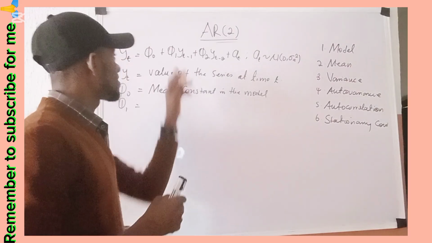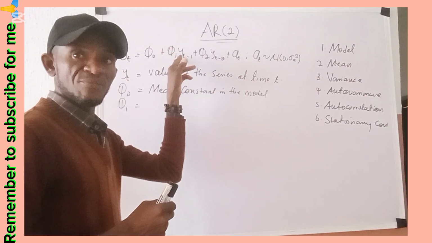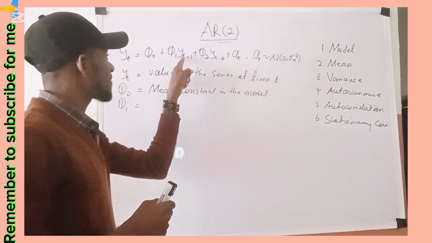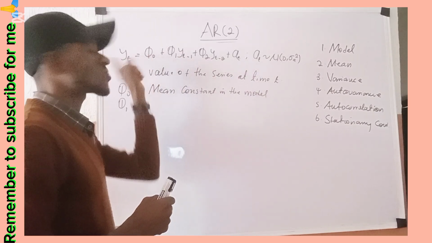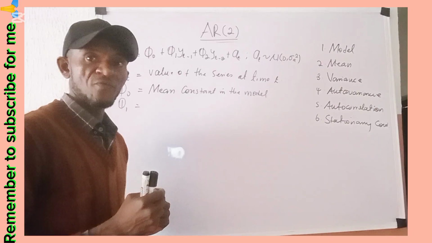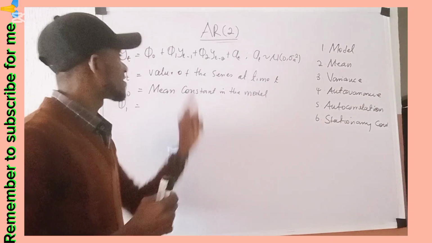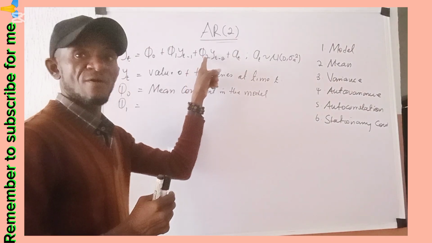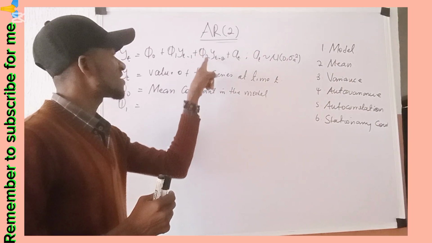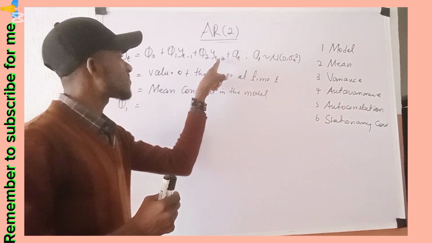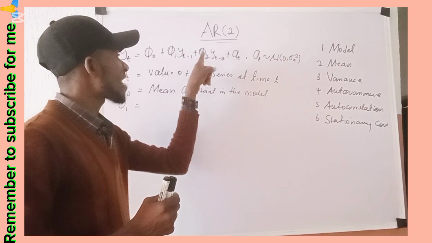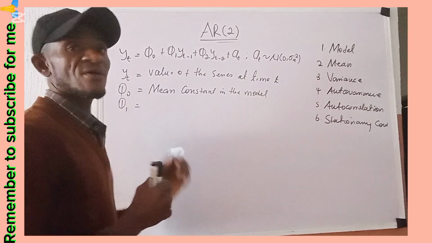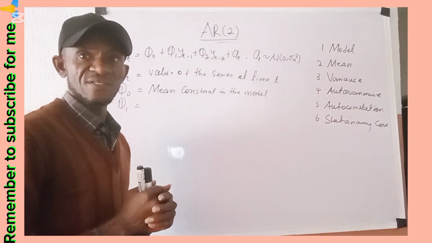That is the weight or the contribution of this previous series y of t minus 1 on this current observation y of t. The same thing applies with phi 2. Phi 2 is the weight that this previous observation y of t minus 2 has on this y of t.